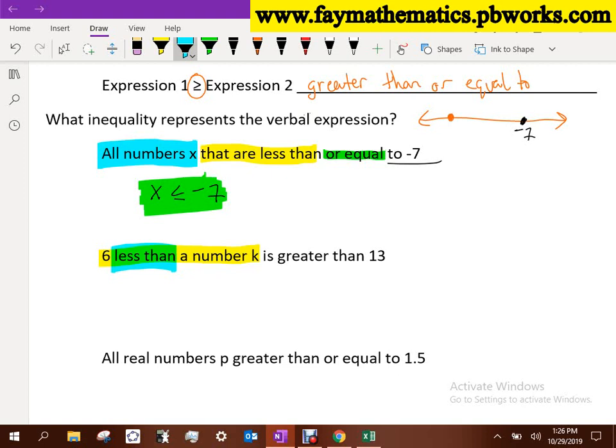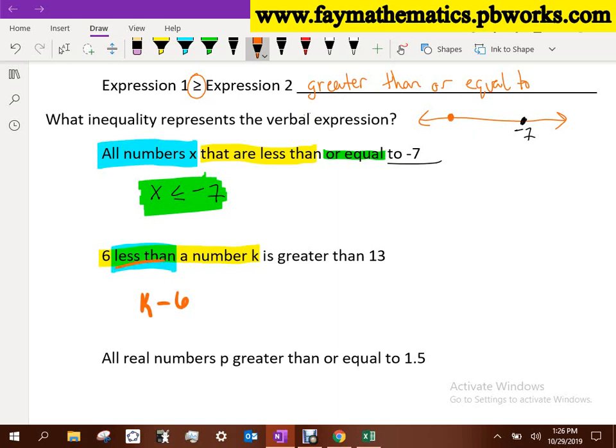Basically what we've been doing here is writing down what we saw in words and transferring that into algebra, going left to right with everything. But when I see less than, I'm not going to write 6 first and then minus k. Less than actually means you go k, then minus the 6. Does that make sense?